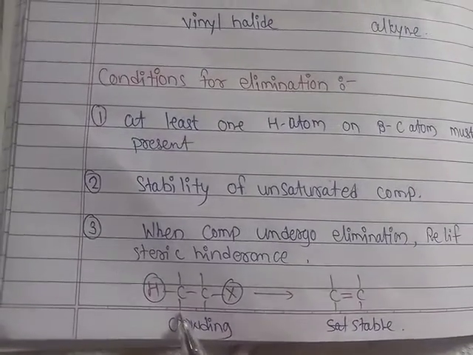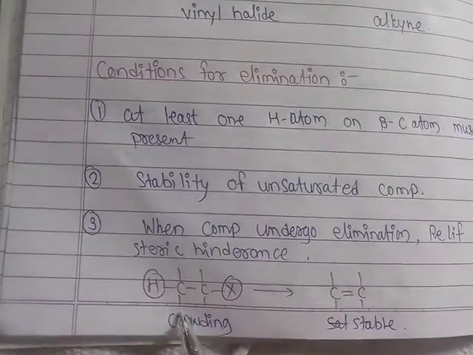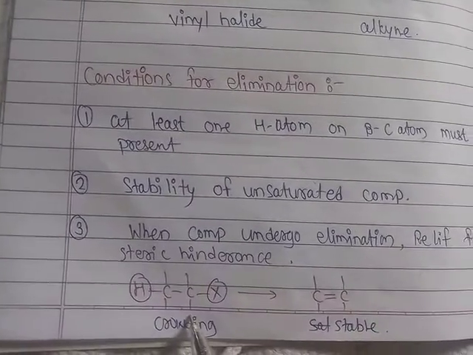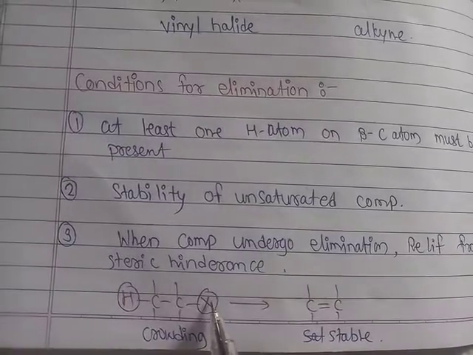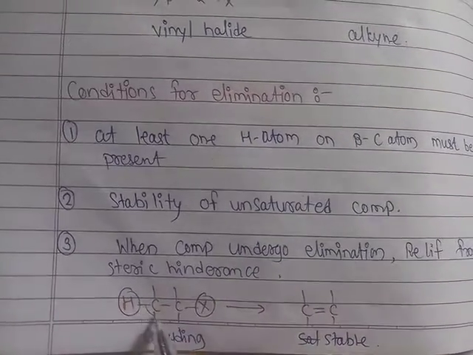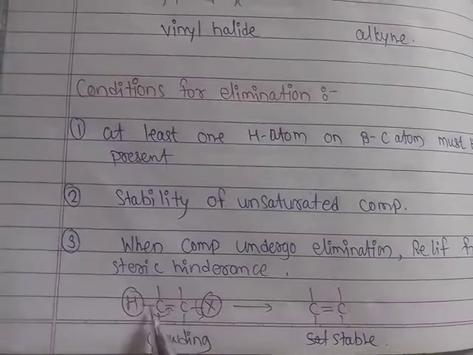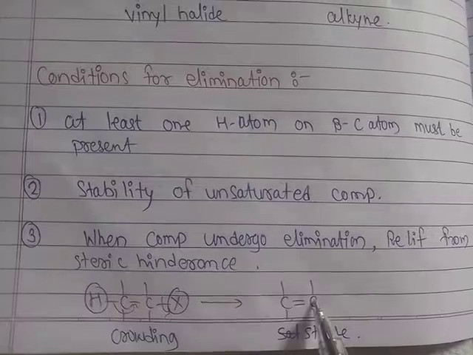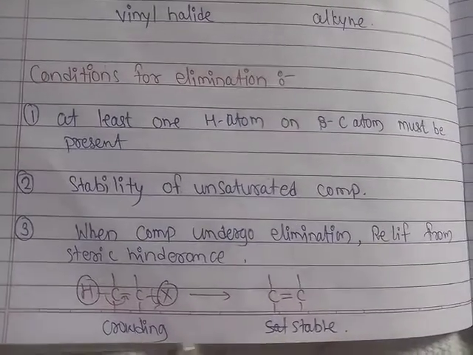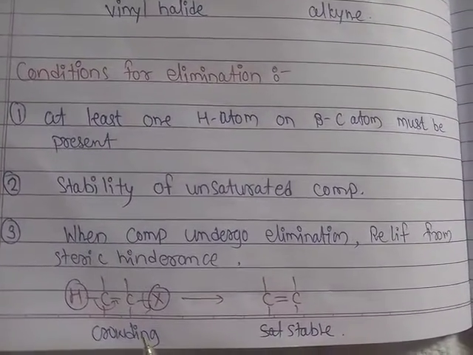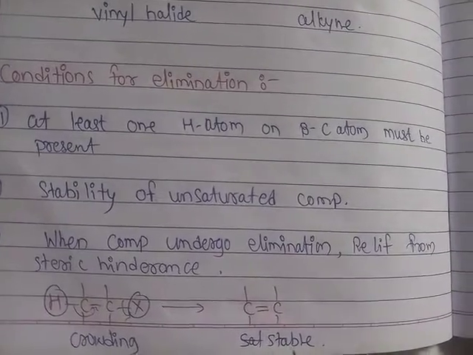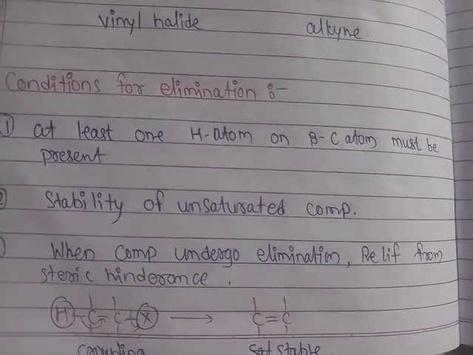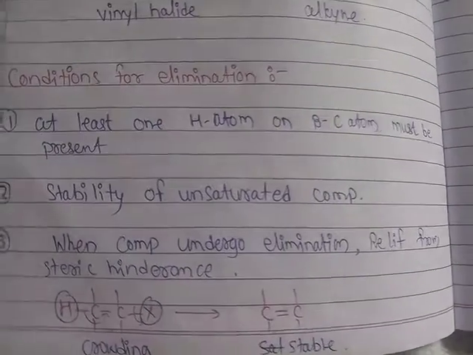See here, when this bond is attached to CH3, and this bond again to CH3, CH3, CH3, we observe that whenever elimination takes place, some of the crowding is reduced in our product. Therefore, crowding is reduced in the product compared to our reactant. This point is also important for elimination, and we get a stable alkene as our product.